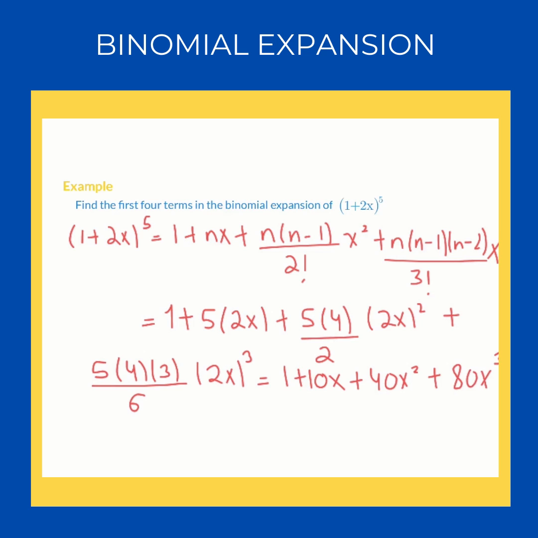So the first 4 terms of my binomial expansion of 1 plus 2x to the power of 5 is equal to 1 plus 10x plus 40x squared plus 80x cubed.